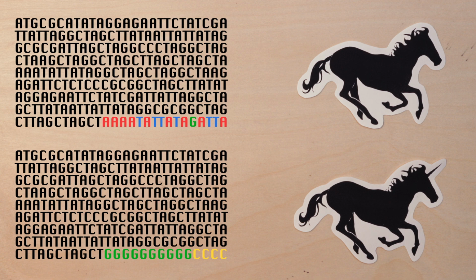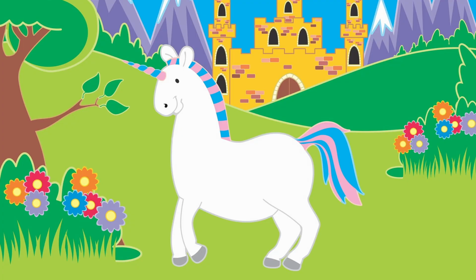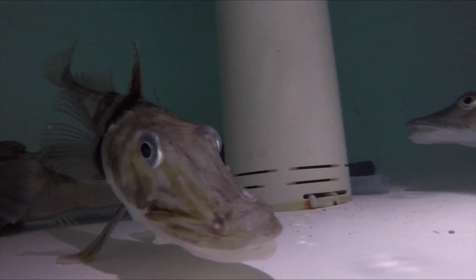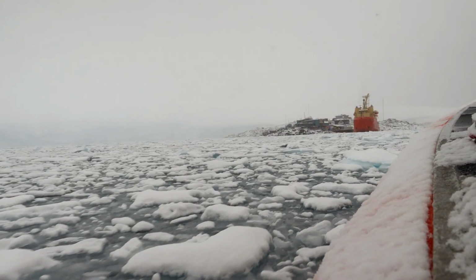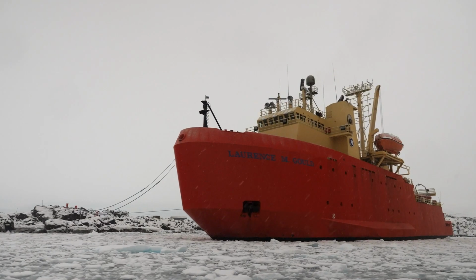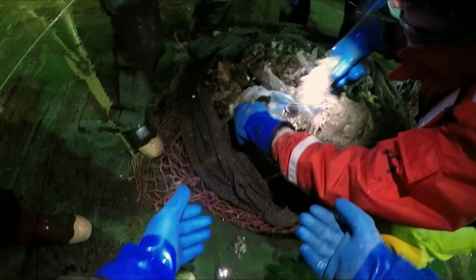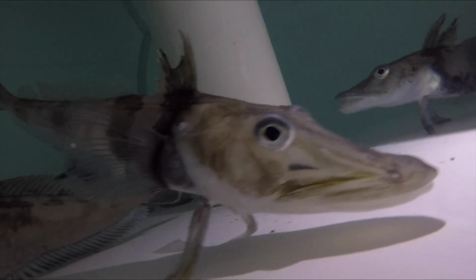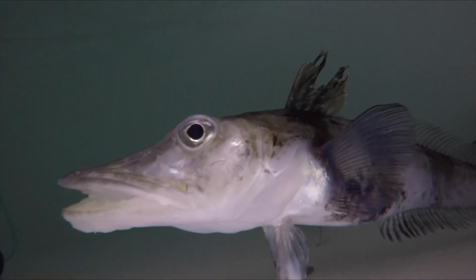The only problem with this is that unicorns are imaginary. When scientists do this, they use real animals, like the Antarctic ice fish, the unicorns of fishes. If you're subscribed to this channel, you might remember when we went to Antarctica and caught these weird fish with no red blood. Well, it turns out the Antarctic ice fish are a really interesting group of animals for comparative genomics because they're normal fish, but they're also super weird at the same time.